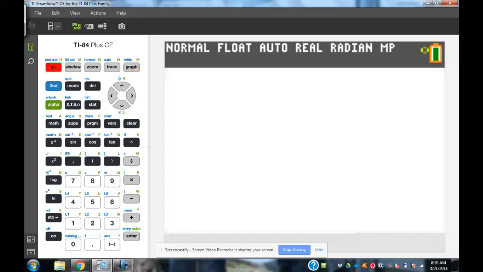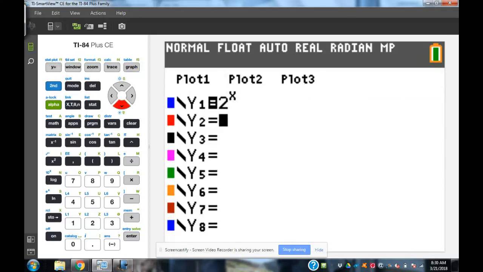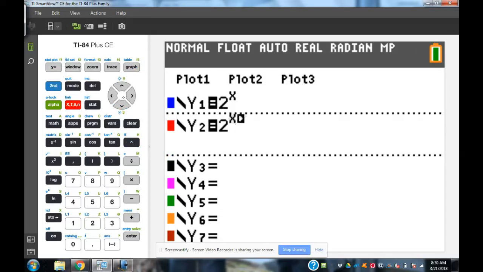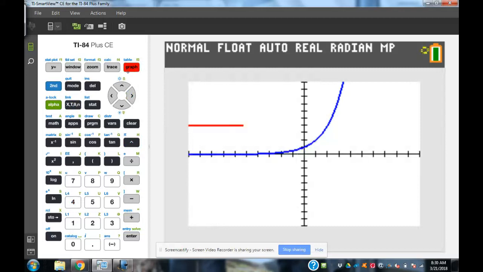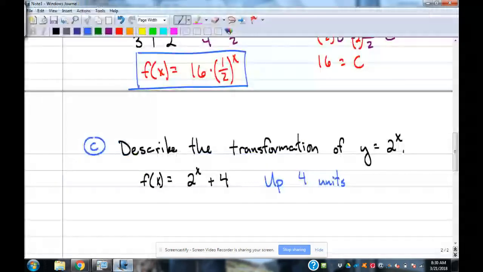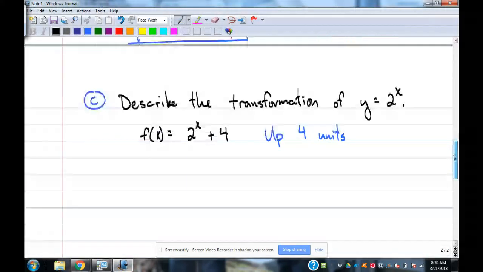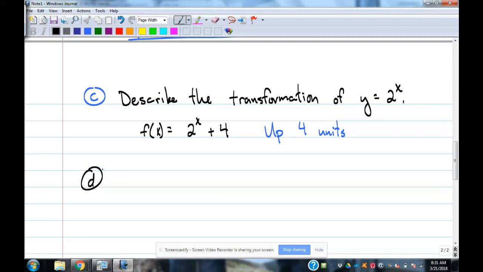And if I graphed that second equation, 2 raised to the x, and then plus 4 on the outside, here's the one raised up. Notice that the blue one is the original and goes through 1 on the y-axis. This one goes through 2, 3, 4, 5 on the y-axis. Well, that's up 4 units. So a nice graph can help you there. But the idea is that you don't have to graph it, you just know. So it saves you time and effort.